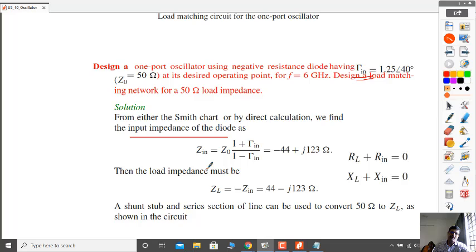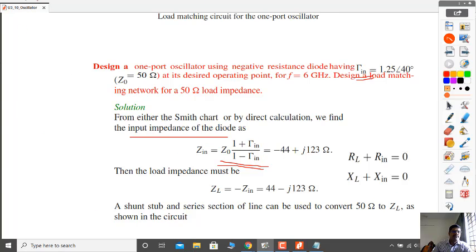By using the Smith chart or any analytical method, we can find the Zin. By the analytical method, we can use this formula: Zin equals Z0 times (1 plus gamma in) by (1 minus gamma in).